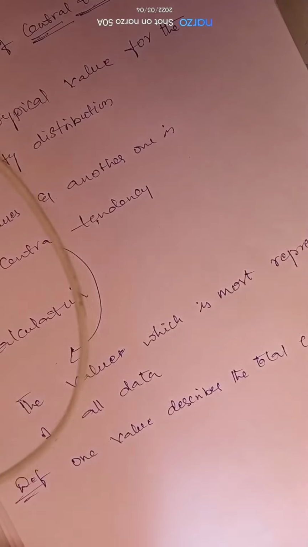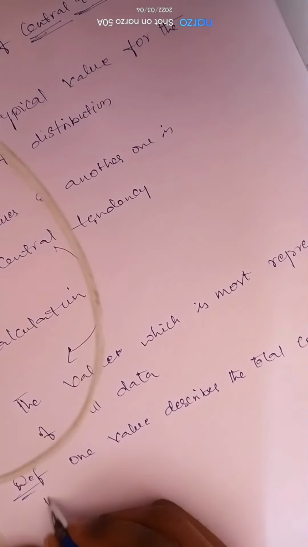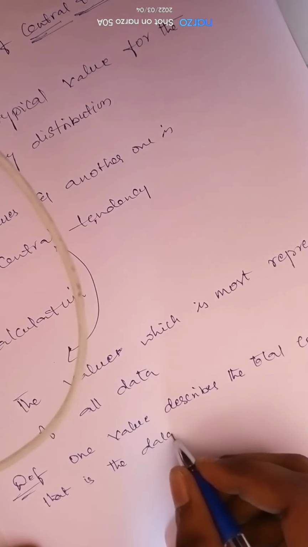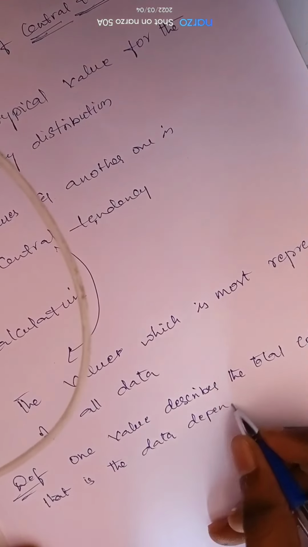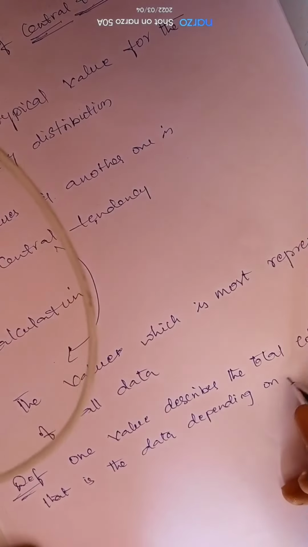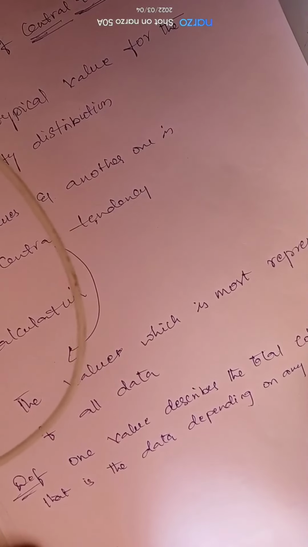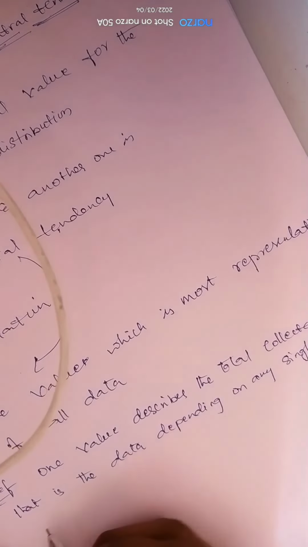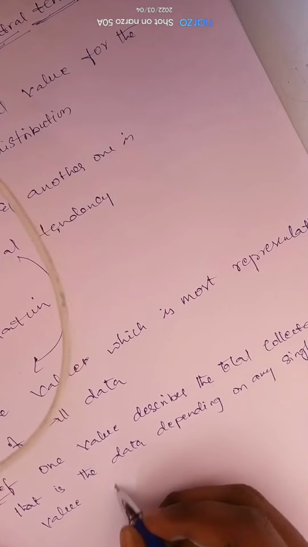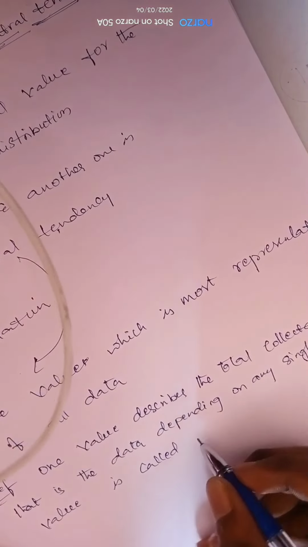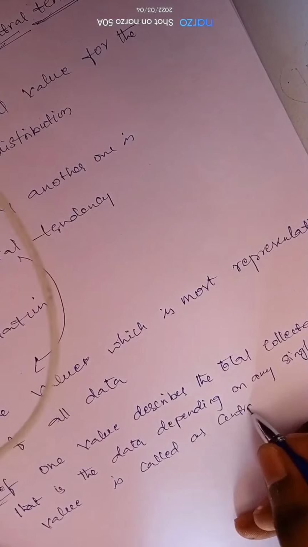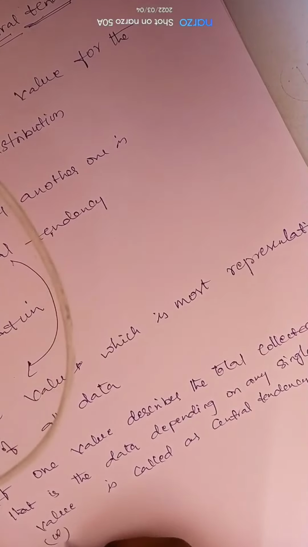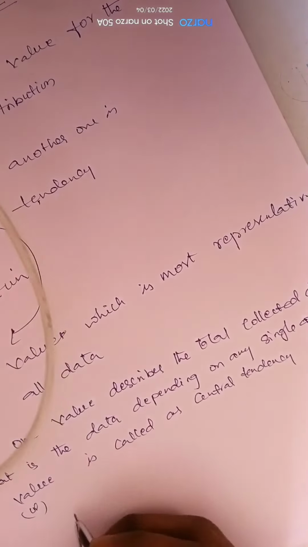That is, the data depending on any single value is called central tendency or central value.